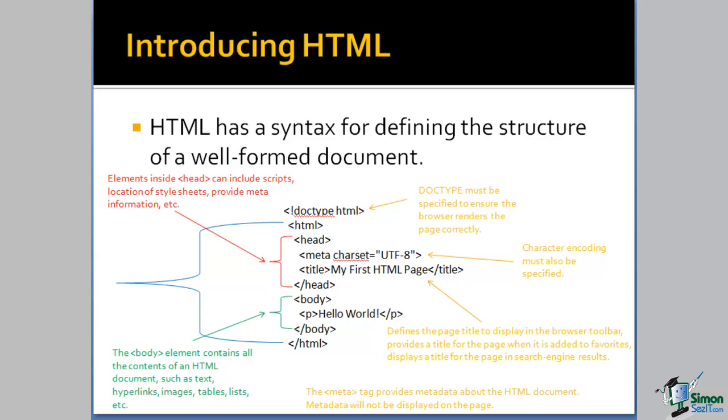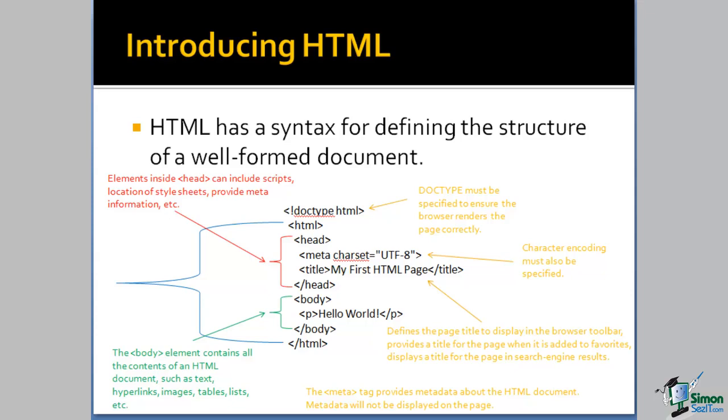So we open a tag with the name of the tag, that special keyword within the less than, greater than signs, and we close that tag with a slash followed by the name of the tag.